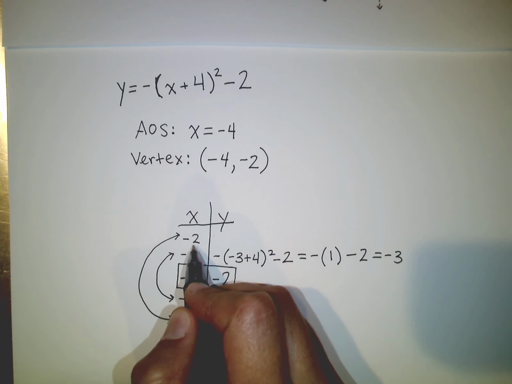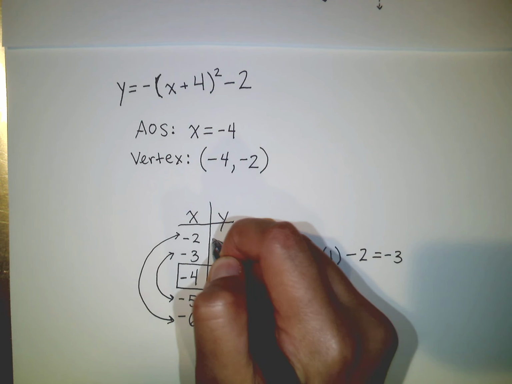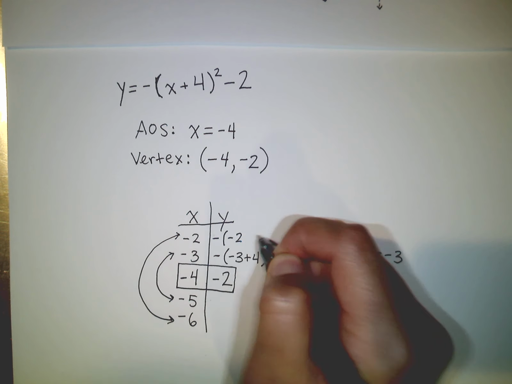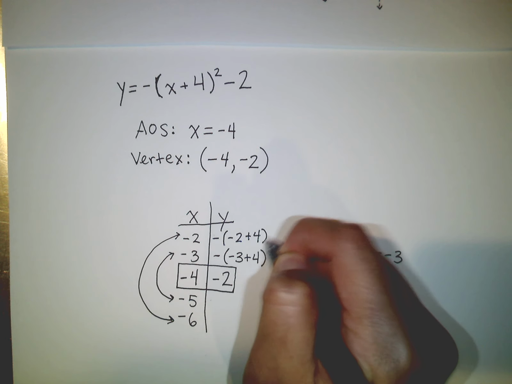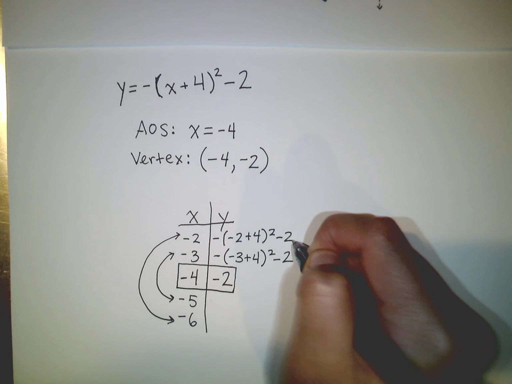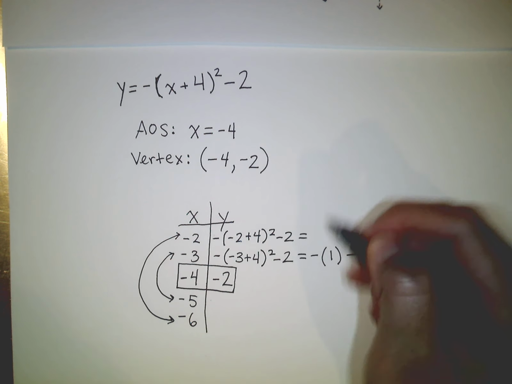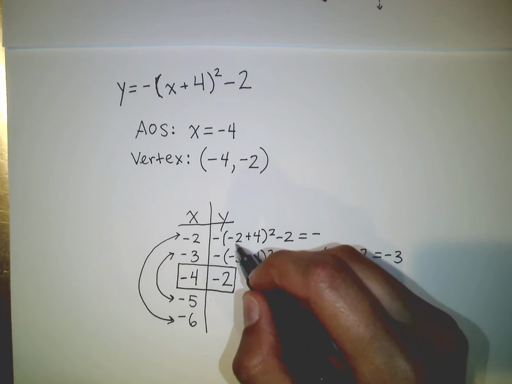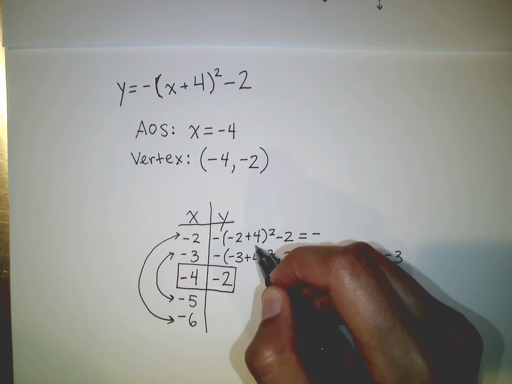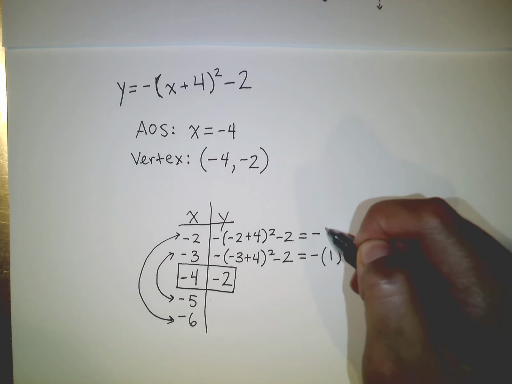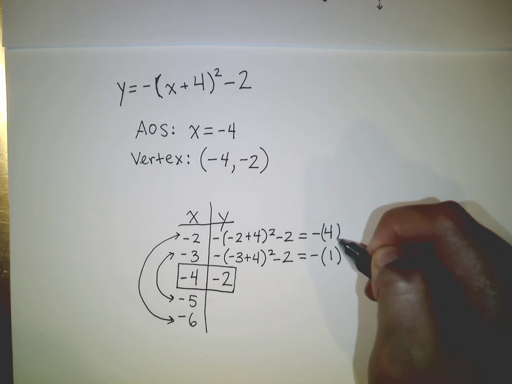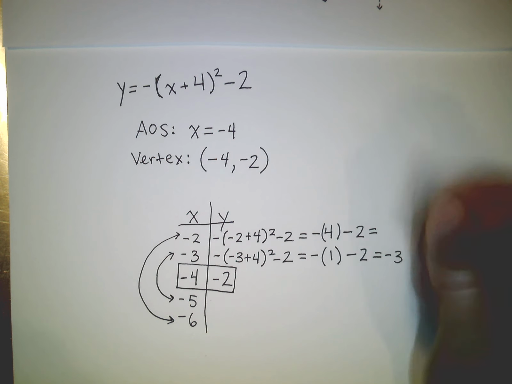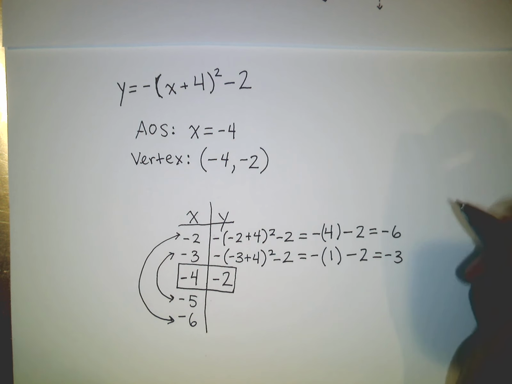Now we're going to plug in 2 into the equation, so it's negative (2 minus 4) squared minus 2 equals negative 2 squared, which gives us 4, so negative 4 minus 2 gives us negative 6.